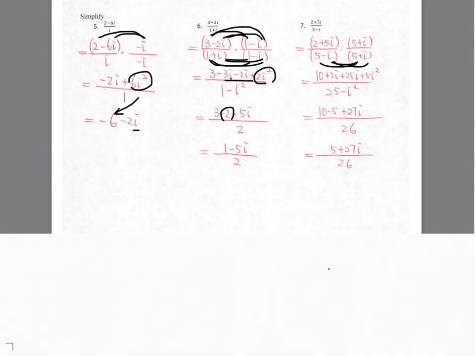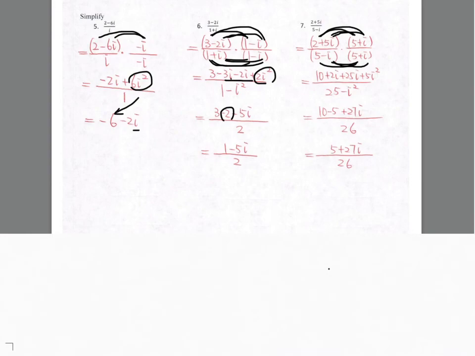For the top, do the same thing, use your FOIL. 2 times 5, that's 10. 2 times i, which is 2i. 5i times 5, that's 25i. 5i times i, that's 5i squared. And then from here, we simplify. Don't forget, i squared is negative 1.